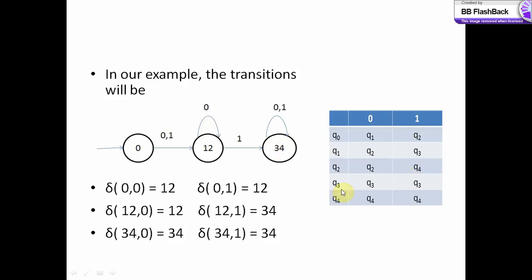Q3 on 0 and Q4 on 0 both remain in the same state. Q3 on 1 goes to Q3, so on input 1 it remains in the same state. So these are the new transition functions that we need to write for this DFA.